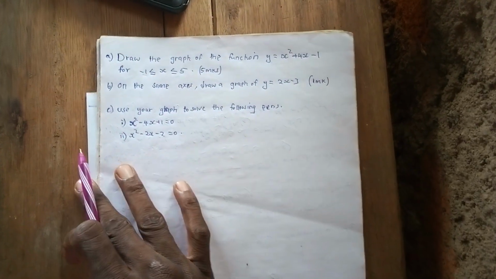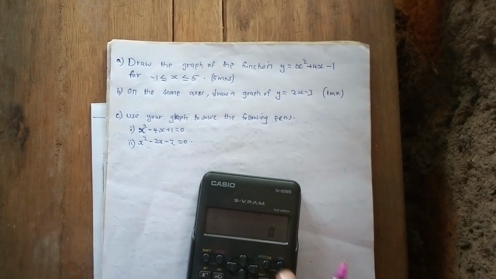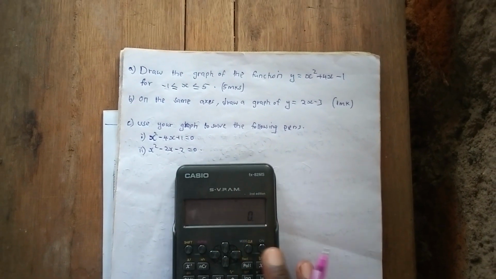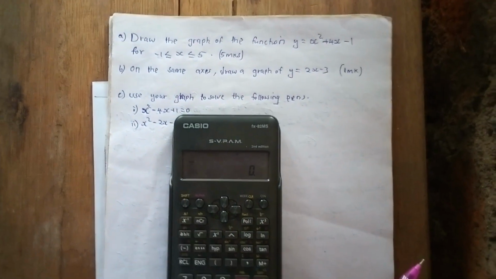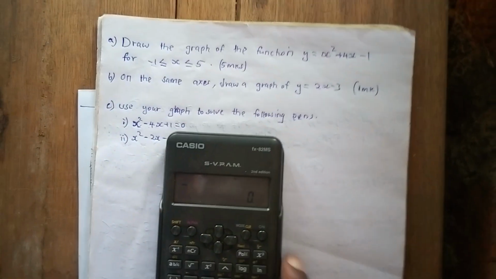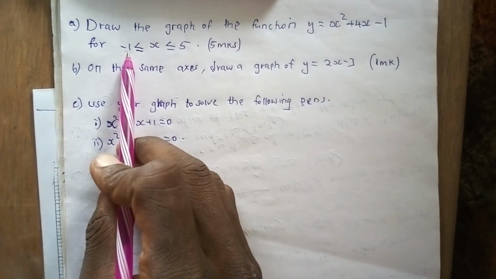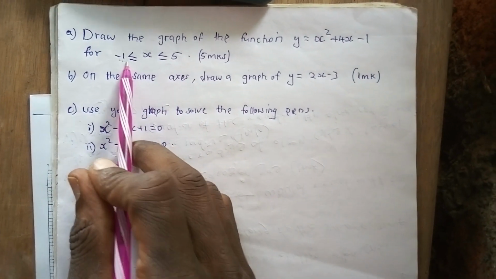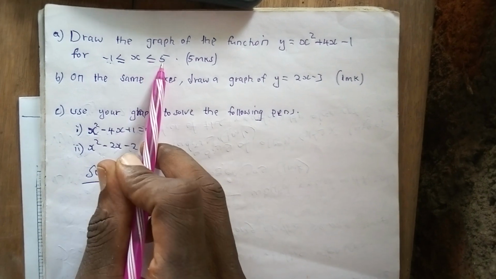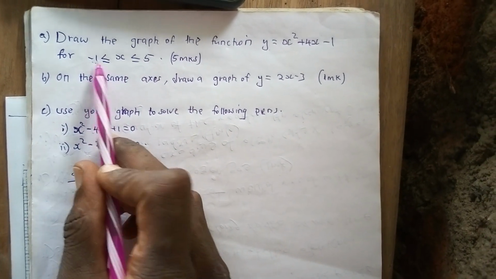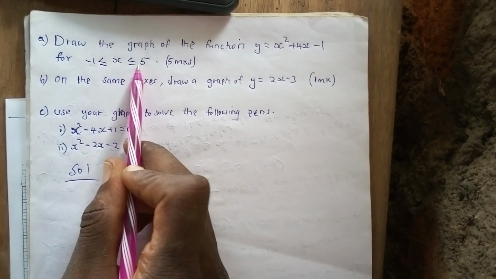But now let's use a calculator. I show you the simpler way. So number one, what you need to do, when given the values from -1 to 5, here we assume that the range is 1, so we are going to move from -1, 0, 1, 2, 3, 4, 5.